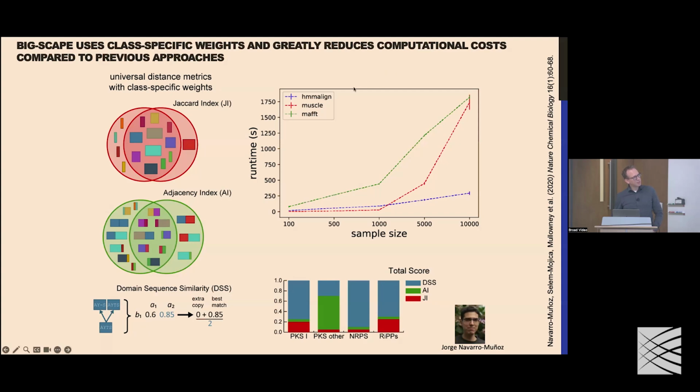But by aligning all the sequences against the hidden Markov model profiles, it's almost linear in terms of runtime when you go to larger samples. So that makes a big difference.